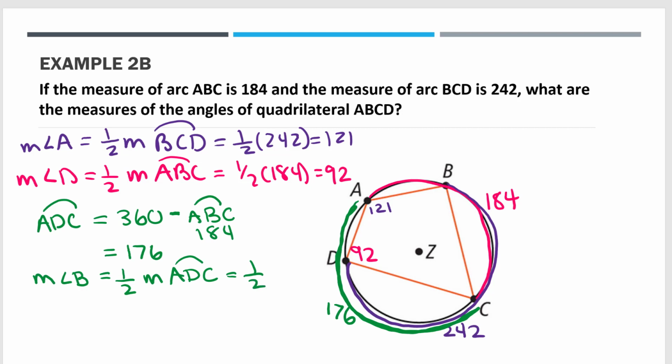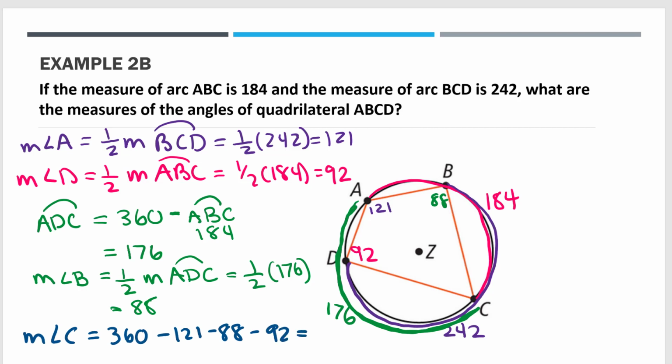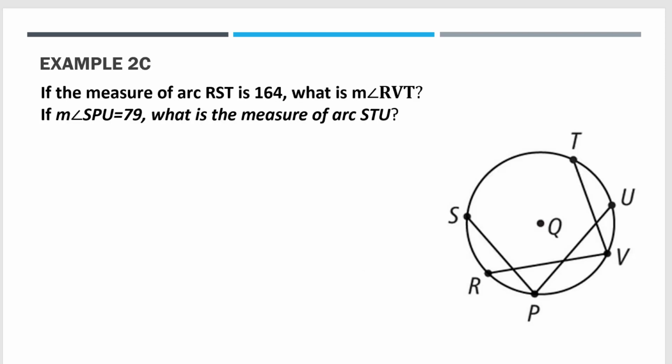So 1/2 of 176, which is equal to 88. So we'll put 88 on here. And then lastly, the measure of angle C is going to be 360 minus all of our other angles. So 121, 88, 92. So we end up getting 59.